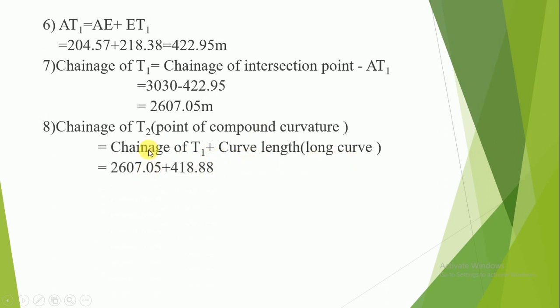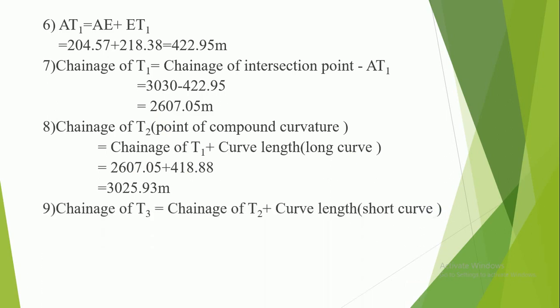After substituting the chainage of T1 value and the curve length of the longer curve, I am getting the chainage of T2 as 3025.93 meters. And last, chainage of T3, similarly chainage of T2 plus curve length of the short curve, will give me the value 3270.28 meters. So this was the problem regarding the compound curvature.